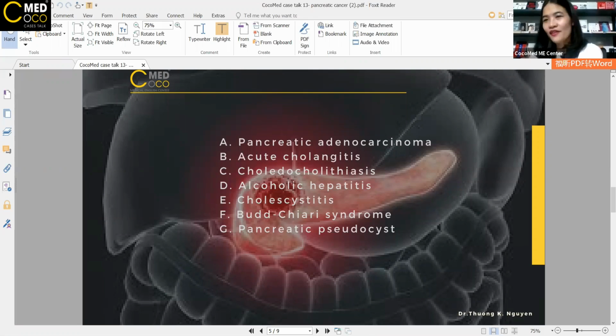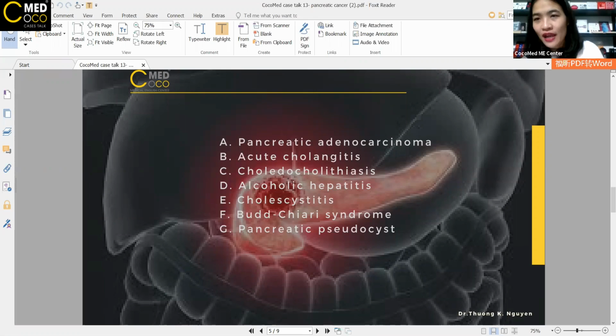Do you know? Yeah, I know that. They don't have any other findings, just obstruction of the bile duct, and with the ultrasound and examination we don't have any other findings. But we need to combine all things together.